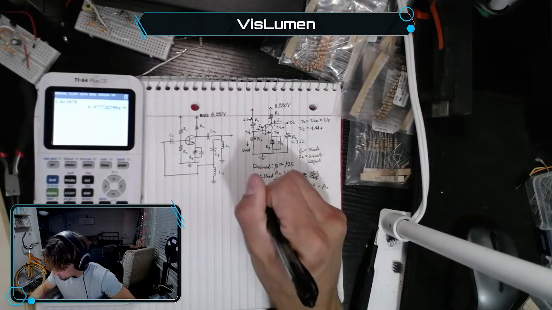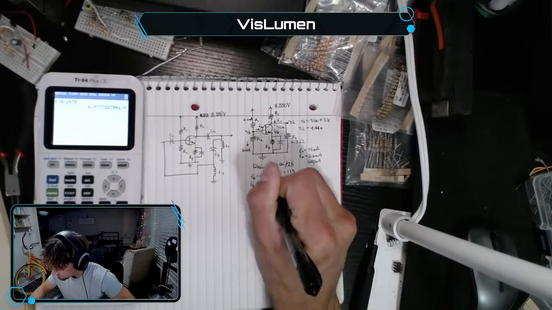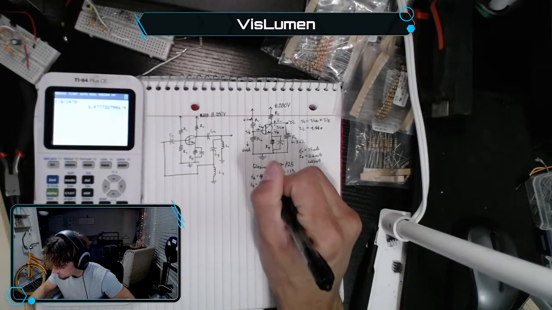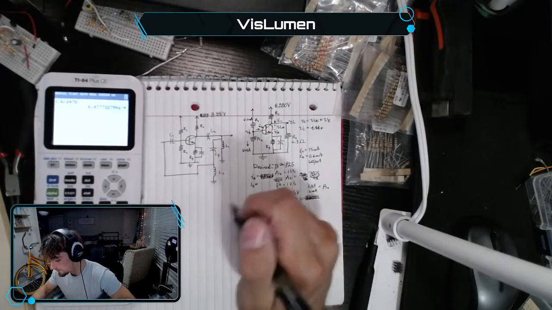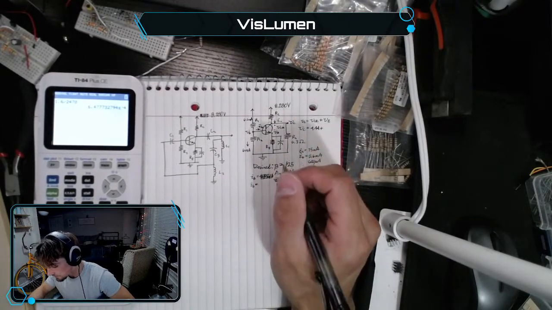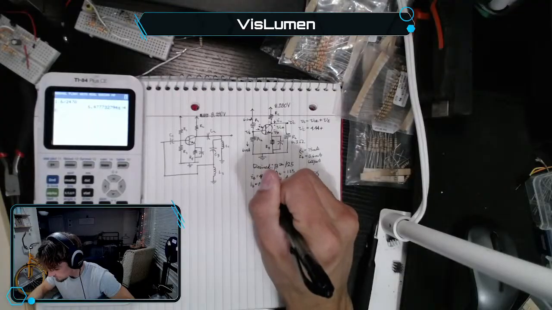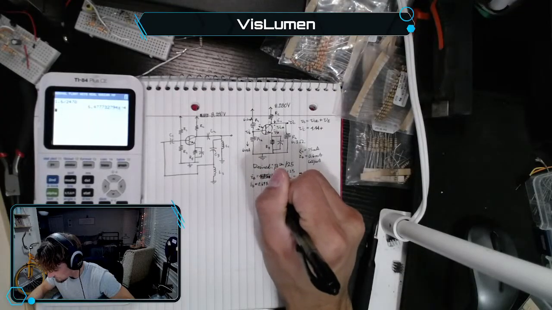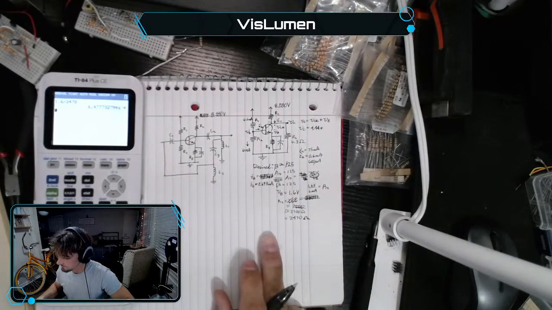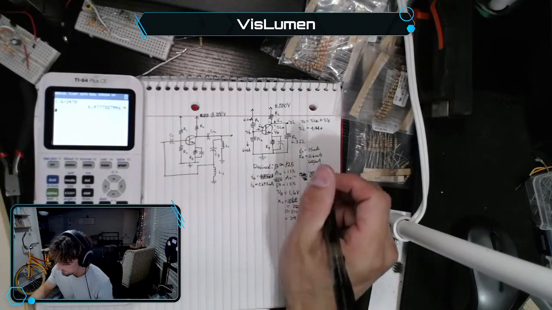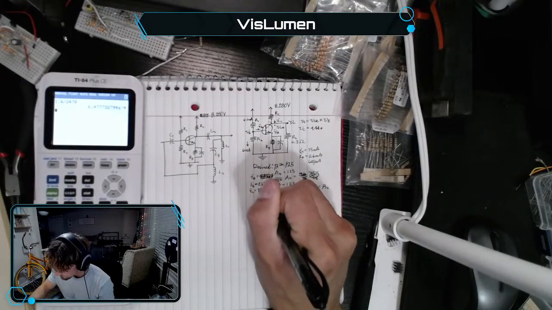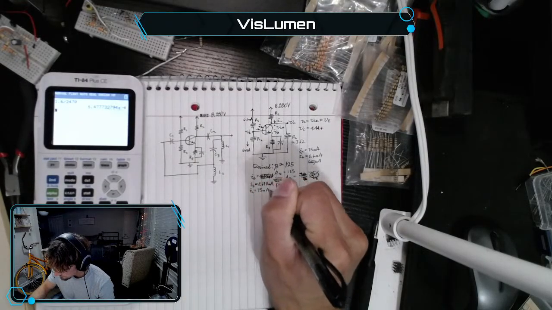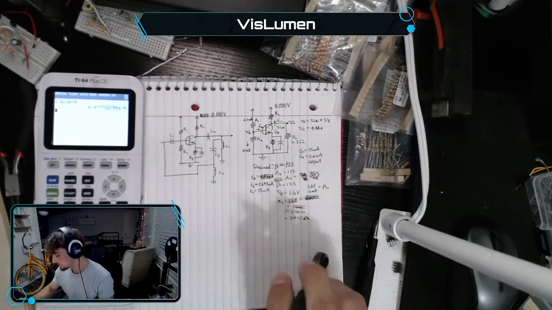So IB equals, now this is not necessarily for sure, but a lot more accurate, 0.648 milliamps. Okay, and we're going to amplify that to 75. So IC is still 75 milliamps with a gain factor of 125.